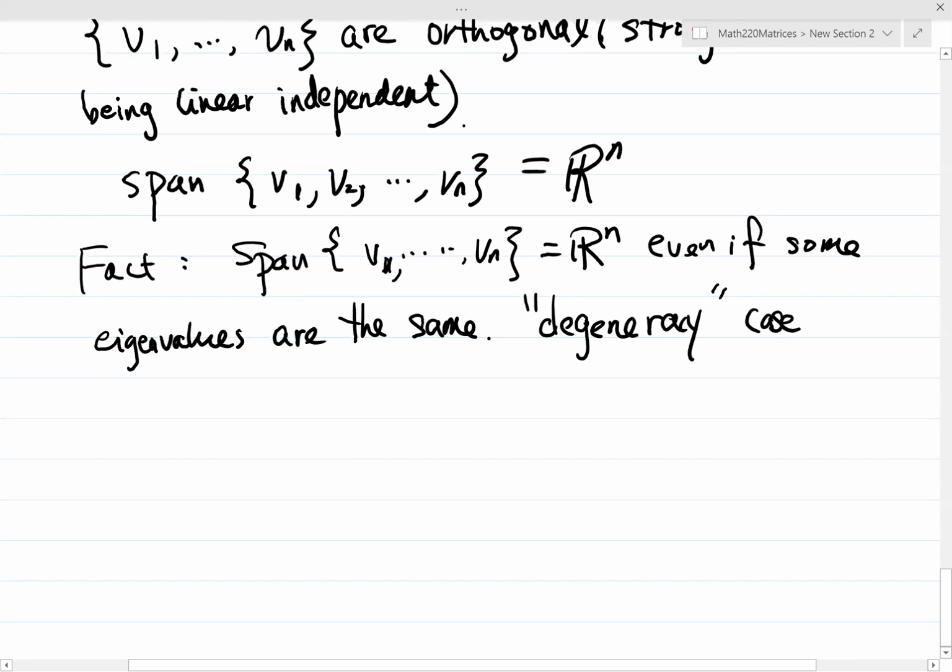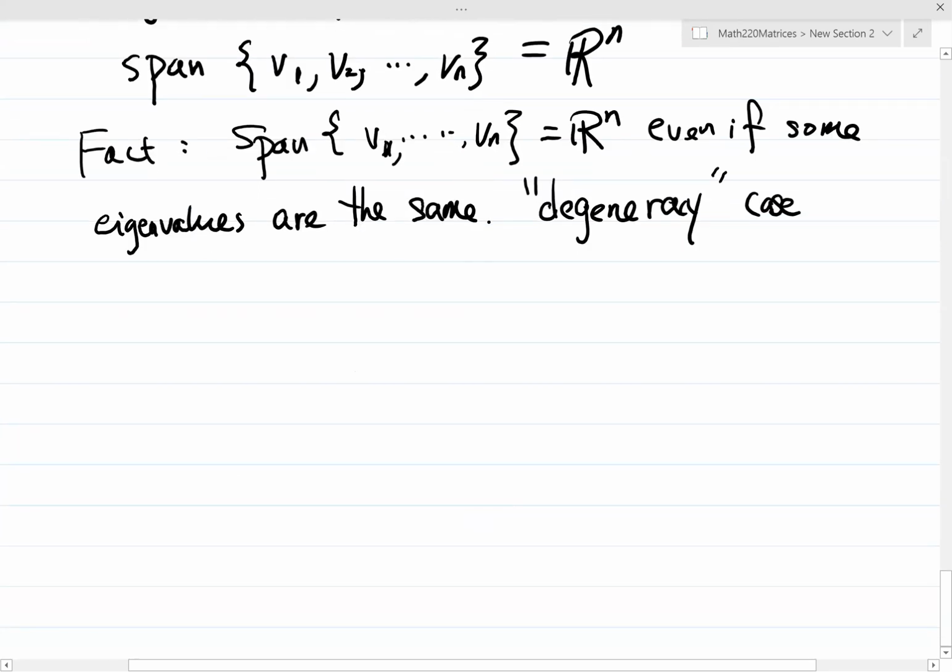So now we know that the eigenvectors span the whole space for a symmetric matrix. This property is not satisfied for a general matrix. It's possible that for a non-symmetric matrix, the eigenvectors do not span the total space.